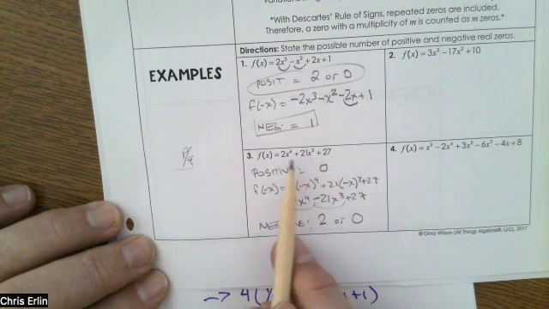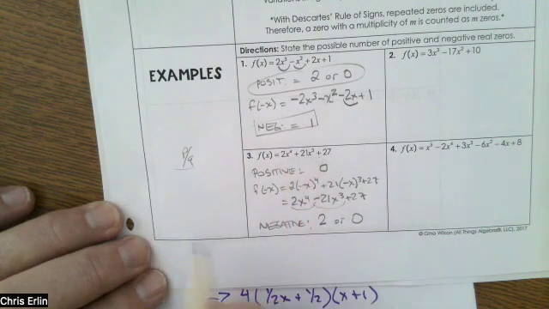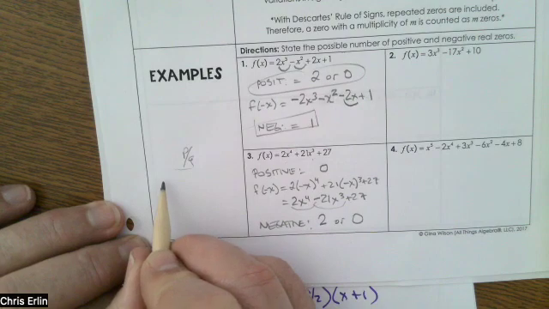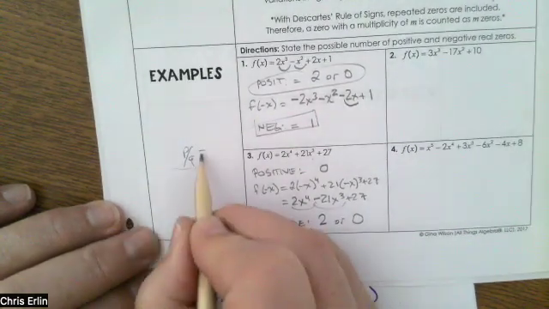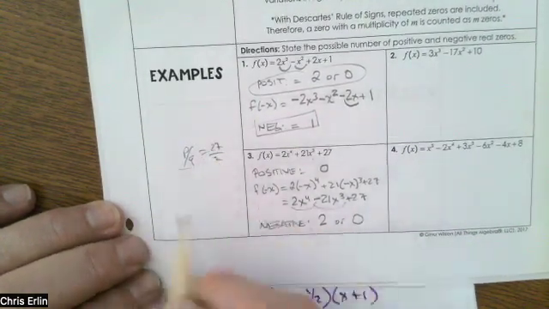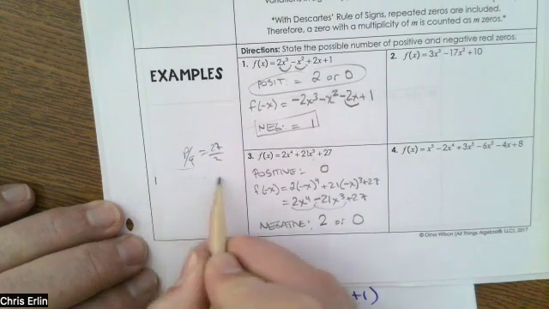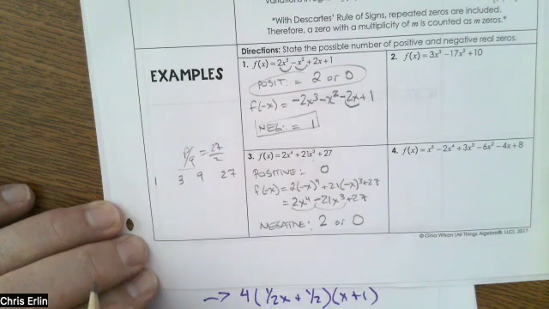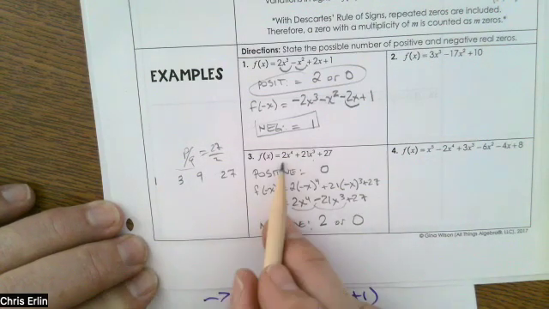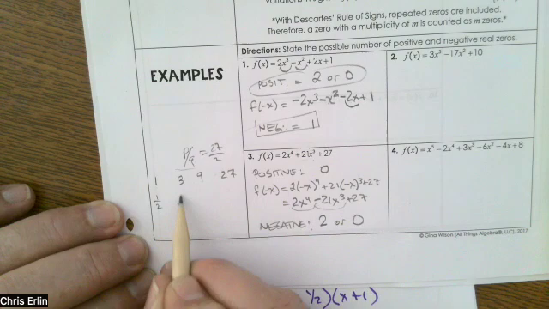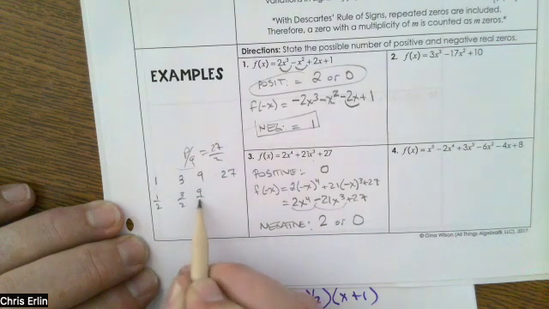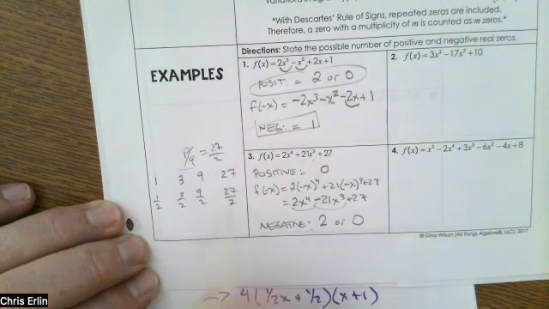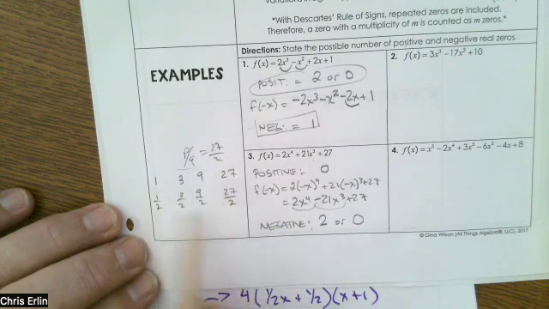What are the possible rational roots for this? It'd be 1 and 27, 3 and 9, and then each of those over 2. And then should I do plus or minus?